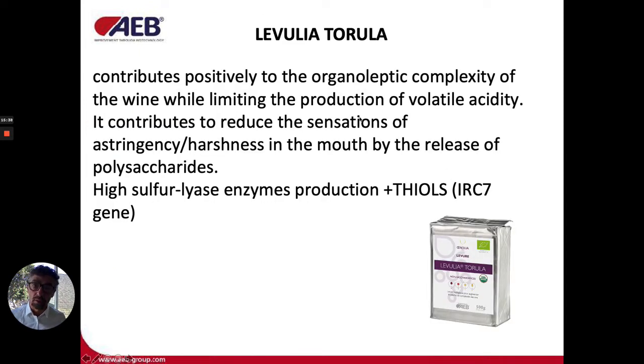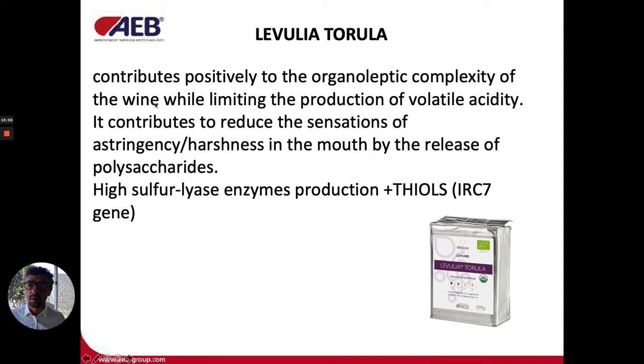Going back to Levulia torula, the Torulaspora delbrueckii, what does it do for us when inoculated in the early stages of fermentation? It will contribute positively to the organoleptic complexity of the wine.